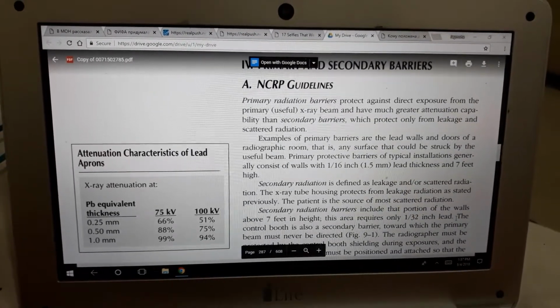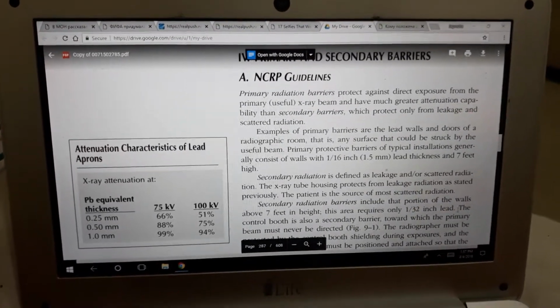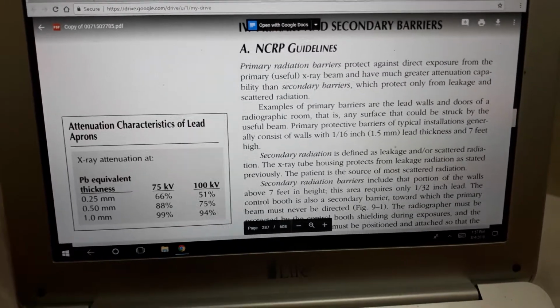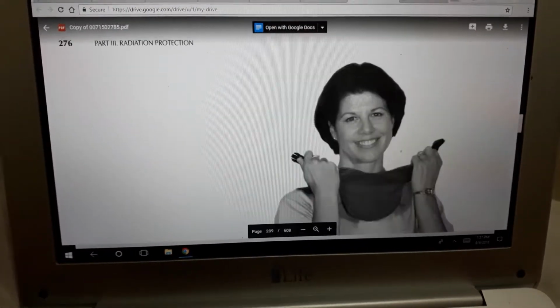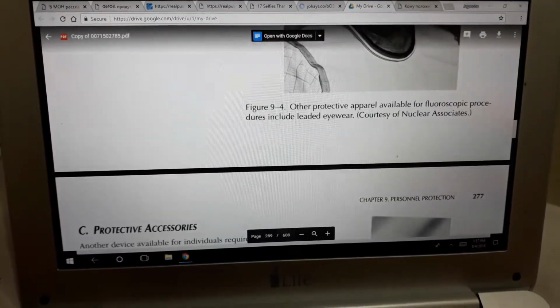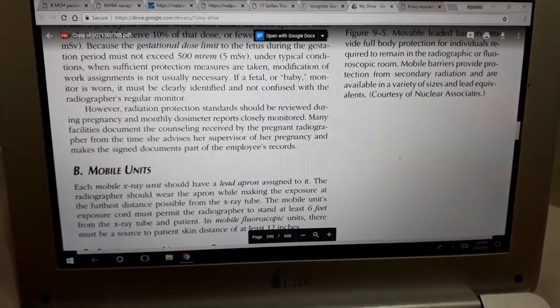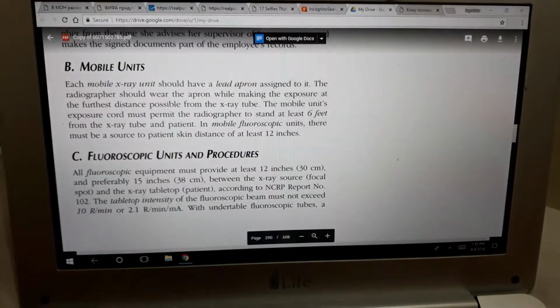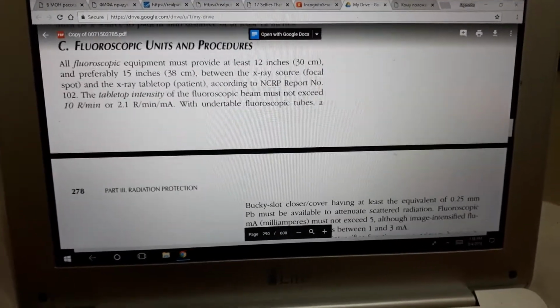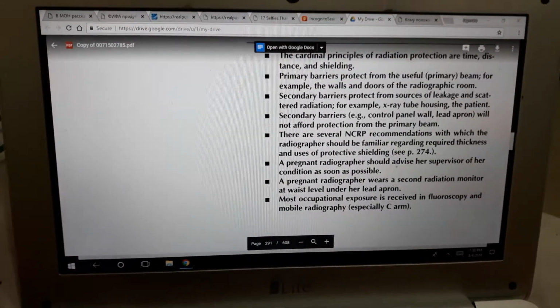At 1 mm, 99%, 94%. This is the thickness and the summary.